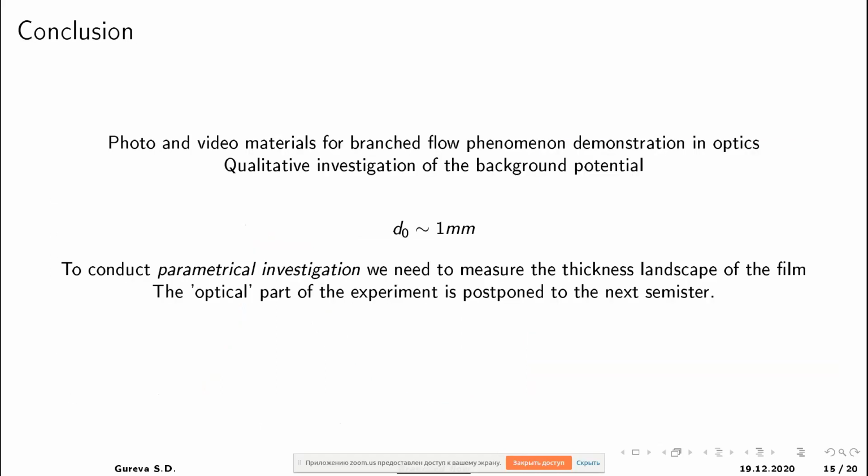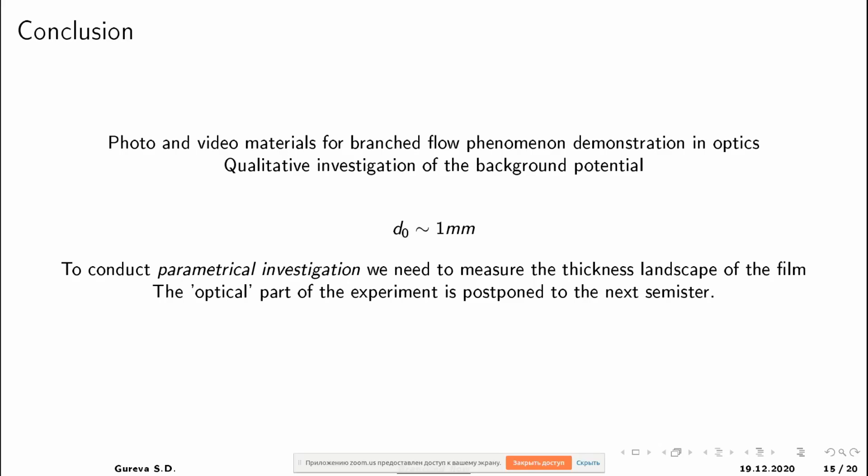So in our work we obtained photo and video materials for branched flow phenomenon demonstration in optics in order to illustrate this phenomenon that was first found in electron flow.